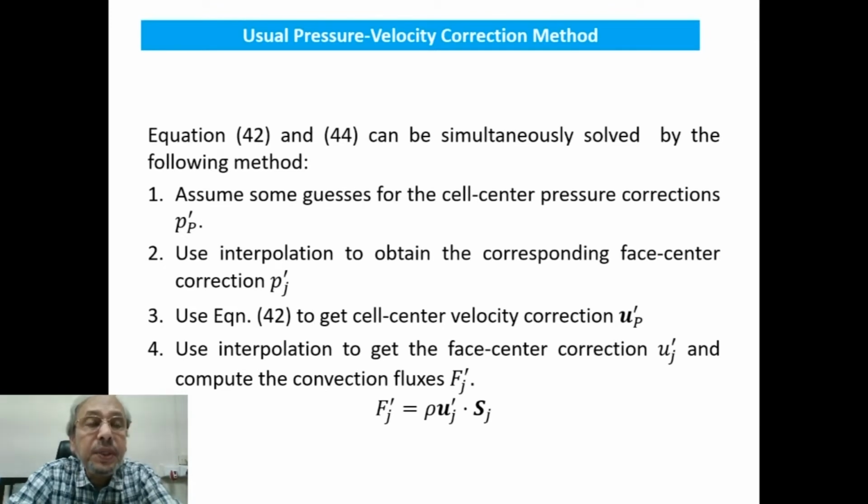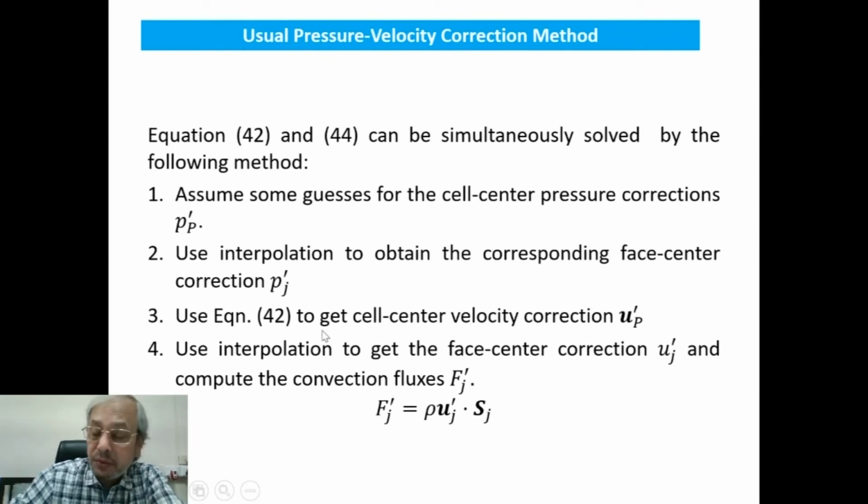Here the suffix P signifies the center of the cell. Use interpolation to obtain the corresponding face center corrections, that means the corrections applicable to each face. Then at the center of the cell it is P_P prime, at each face P_j prime.